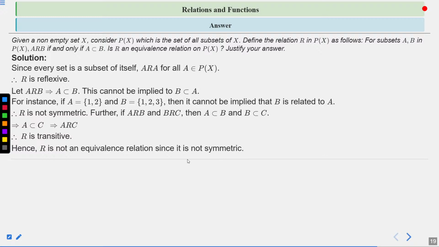For an equivalence relation, the relation should be reflexive, symmetric, and transitive. All three should be satisfied. But here, only reflexivity and transitivity are satisfied, not symmetry. Hence, the relation R is not an equivalence relation.